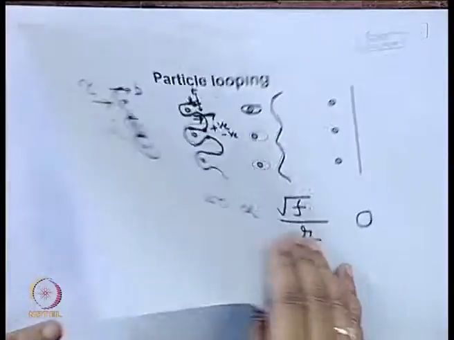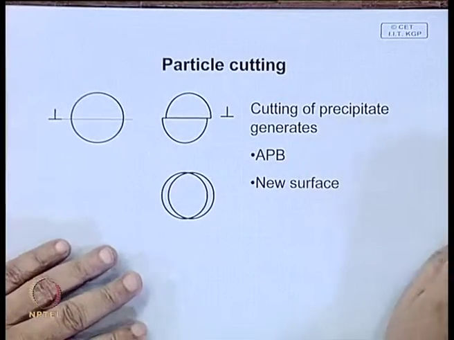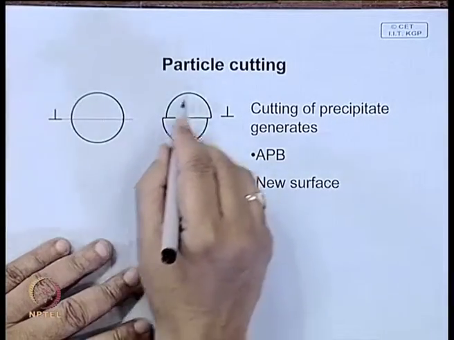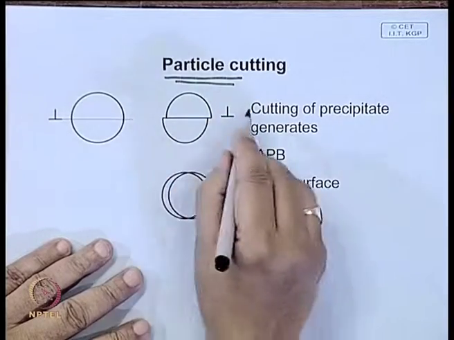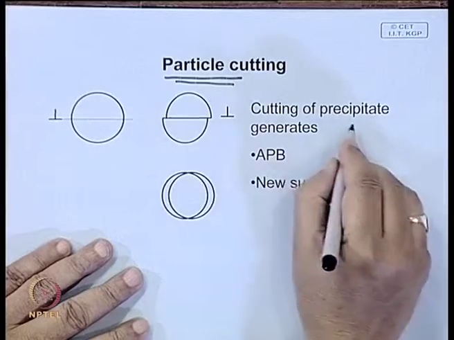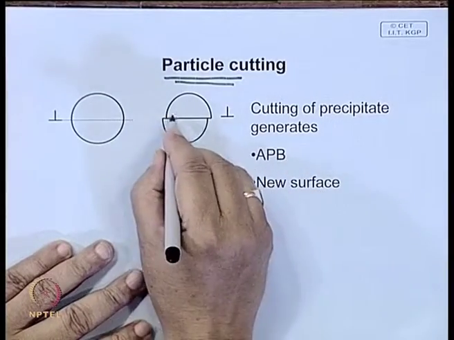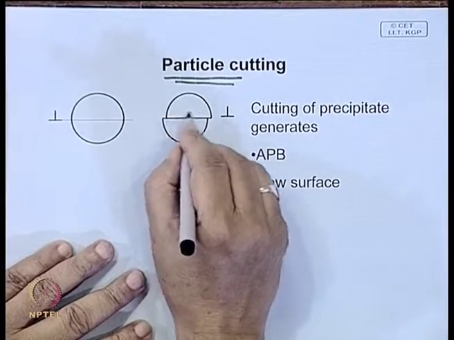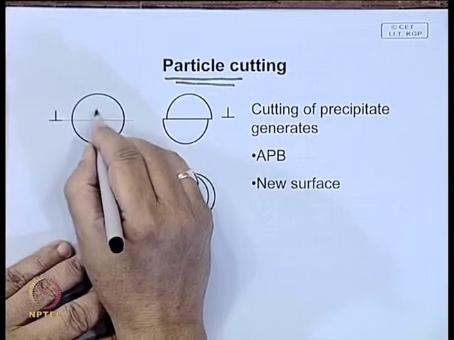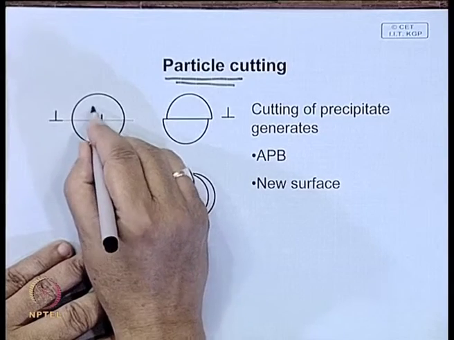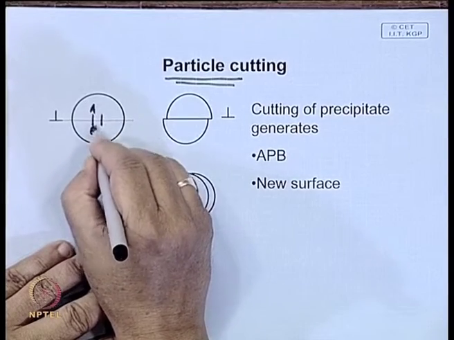In the same way, it is possible to do a similar calculation for particle cutting. We will not go into the details of the calculation, but here two things happen. When the precipitate is sheared, and this is an ordered precipitate, you have an A-B type bond here.